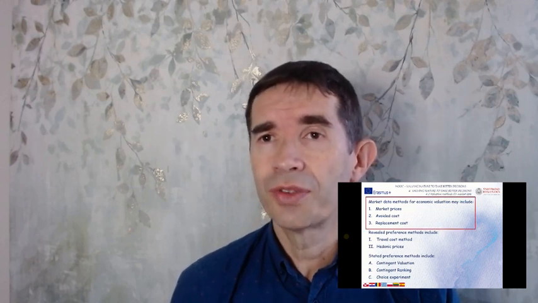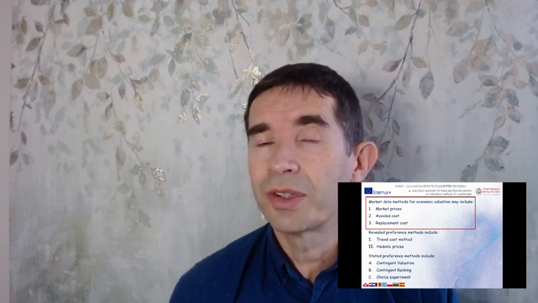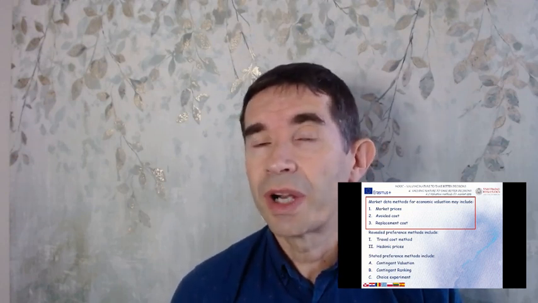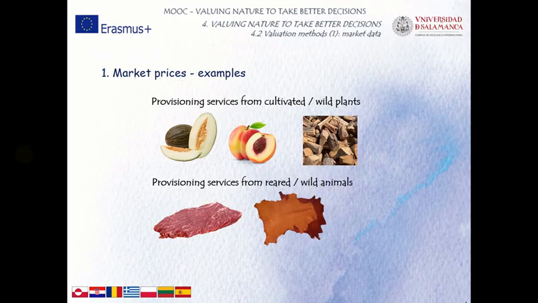So now we are focusing on the first of these three categories, market data methods for economic valuation, and we are reviewing three ways to apply these methods. The first one is market prices, the second one avoided cost, the third one replacement cost. Market prices is probably the most simple and common way to do this valuation.